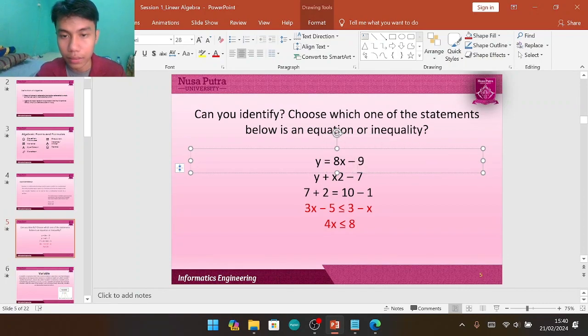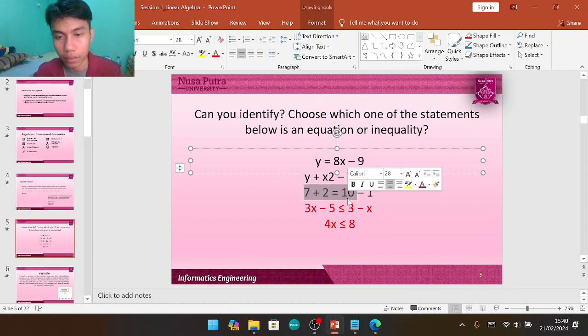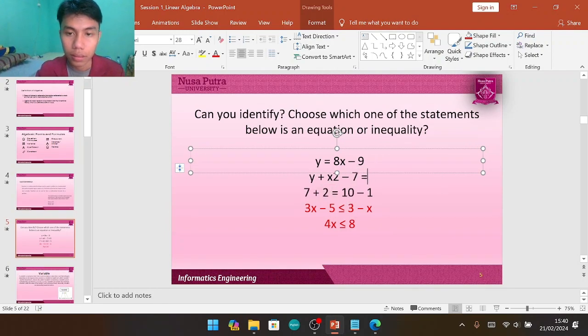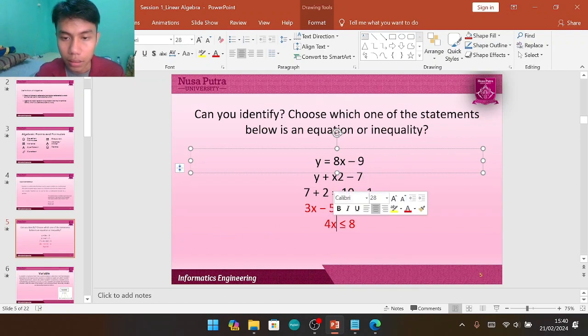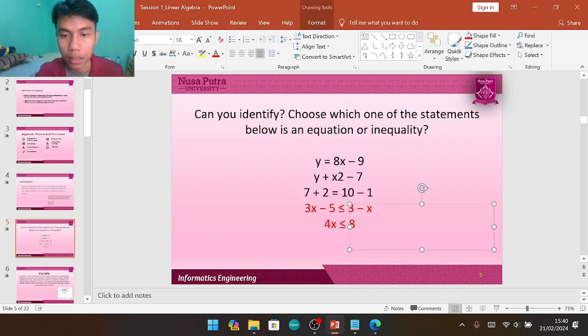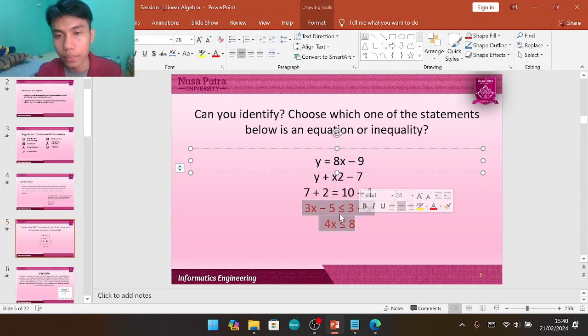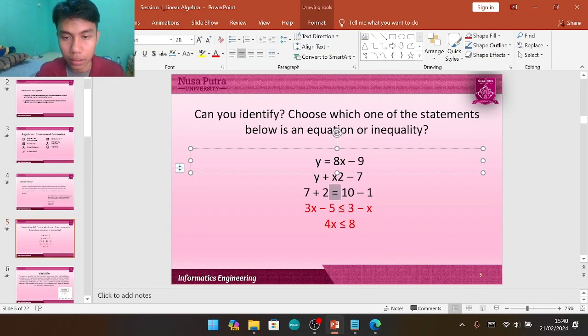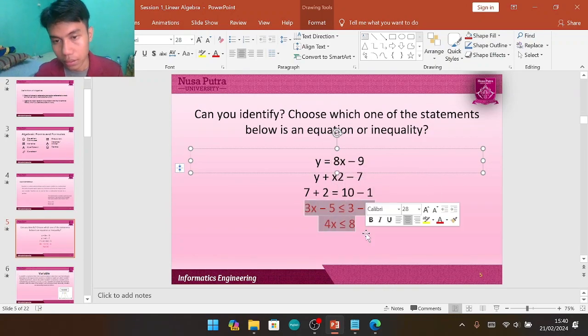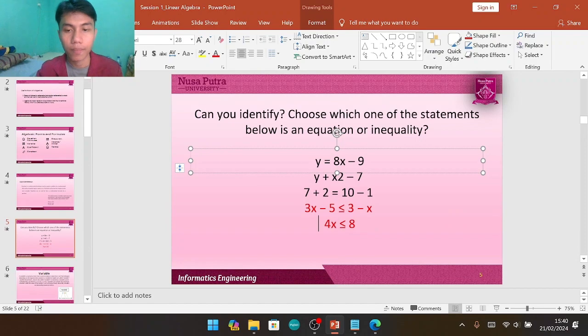This form can also be an equation, like here, and this is also an equation. And in this form it is an inequality. So there's no equal sign here. So this is an inequality.